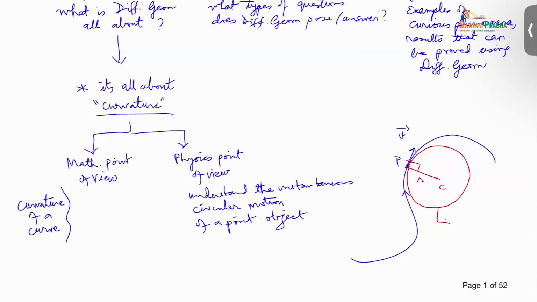This circle, if it exists, is called the circle of curvature at the point P. The center of the circle is called the center of curvature. And this R is called the radius of curvature.